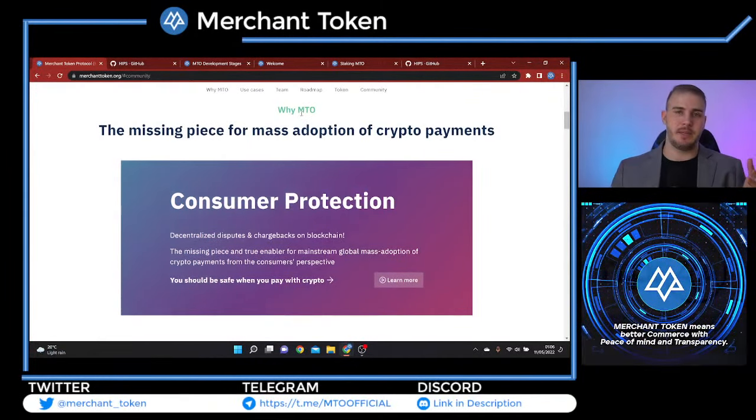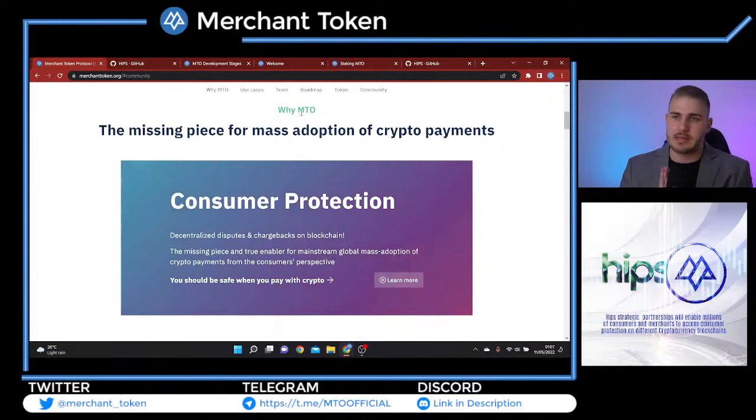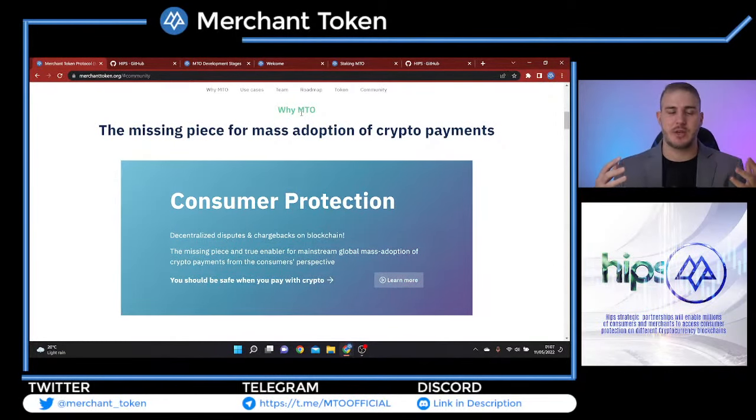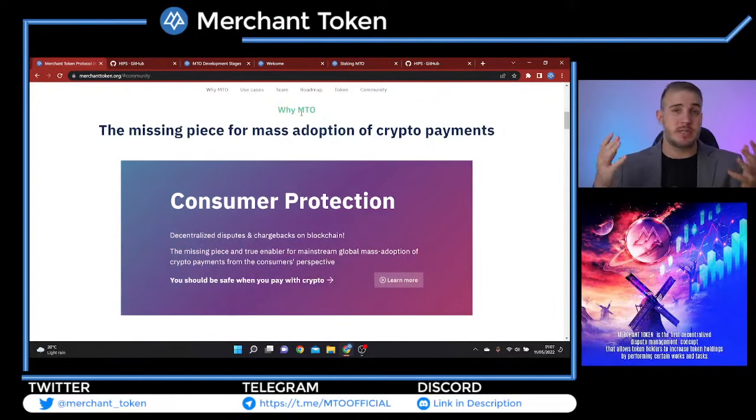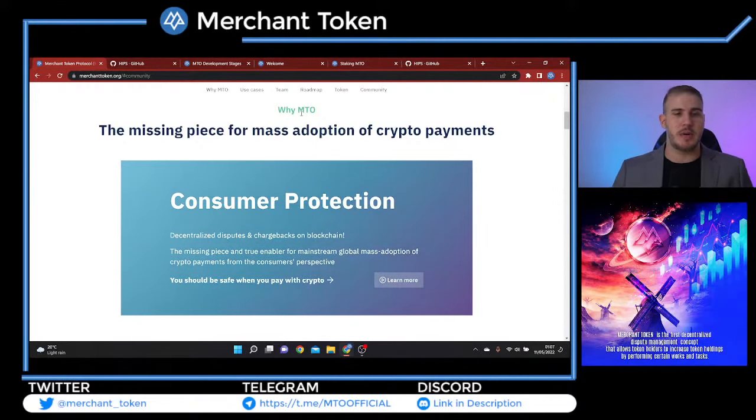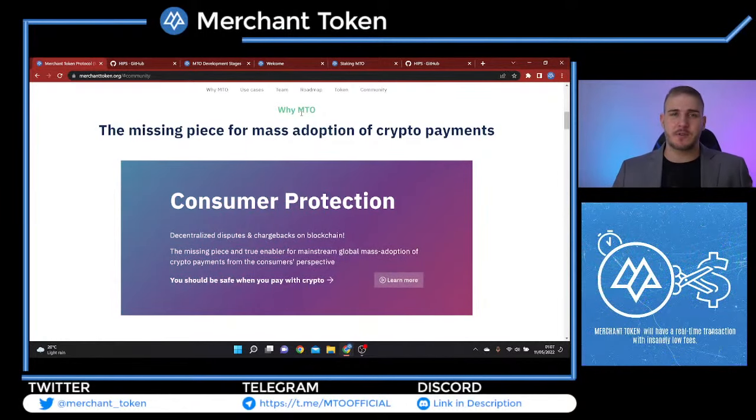So why MTO? The reason for this is we believe that the idea of decentralization is giving the power back to the people, for you to decide who you want to hold your money, or where you want to hold your money, or how you want to pay with it. Currently, unfortunately, you cannot do that.